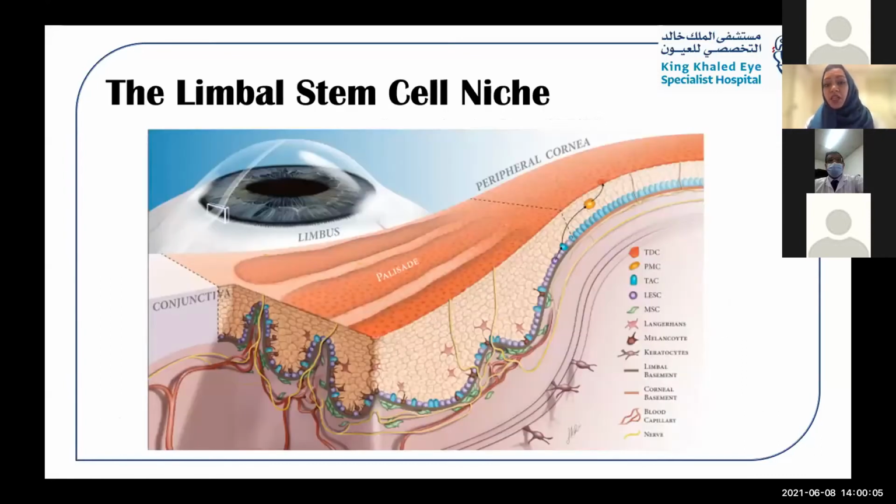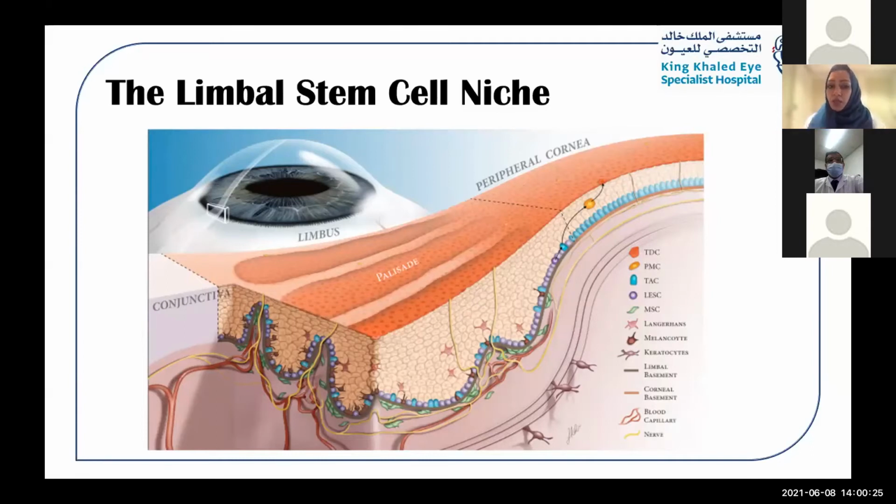One particularly interesting structure of the ocular surface is the limbal stem cell niche. It's no longer called the limbal stem cell alone. It's a niche because it's multiple factors or multiple components. They're all synergistic and in certain equilibrium together.